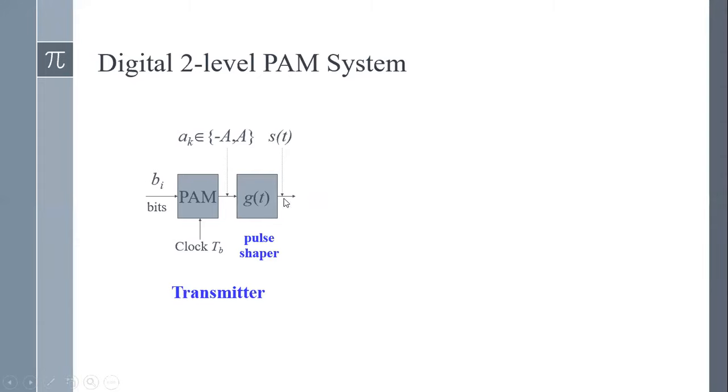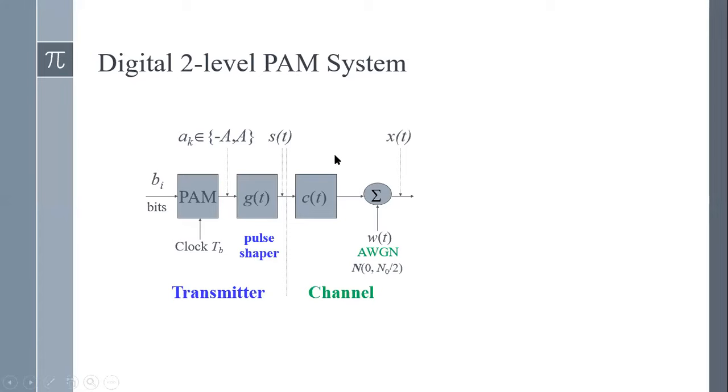Okay, so now this is the signal that I am going to transmit. This is the signal S of t which I am going to transmit through the channel. So this is the channel, and in this channel a noise is added to this S of t. That means to the signal that I am sending, minus A, plus A, noise is added, and I am considering this to be additive white Gaussian noise.